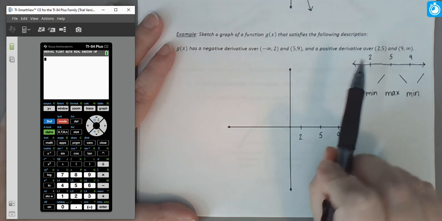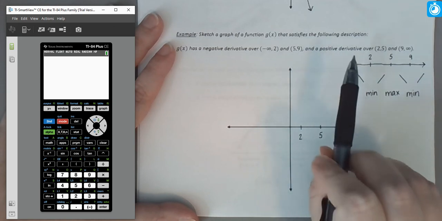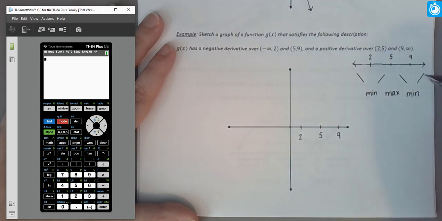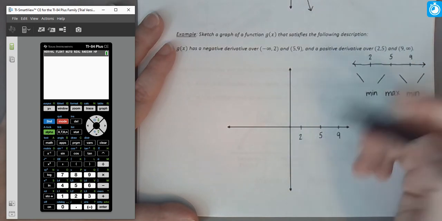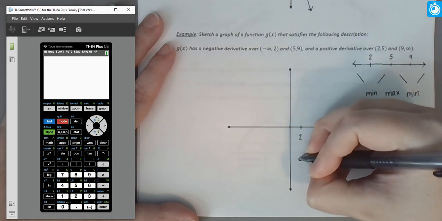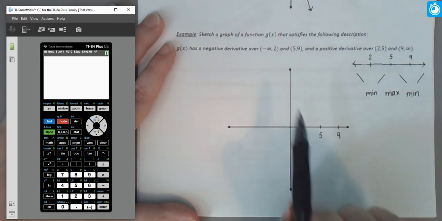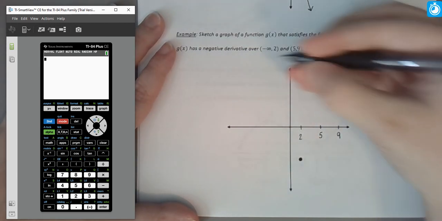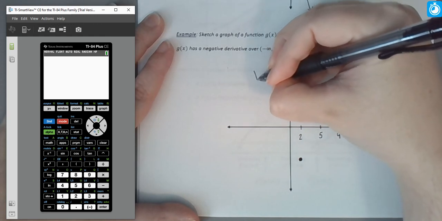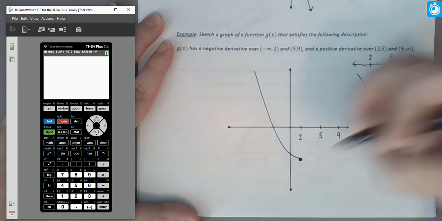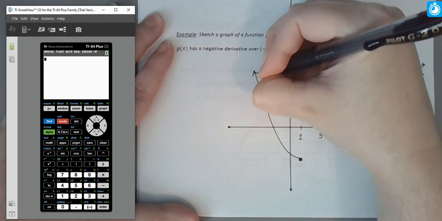Now as we go from negative infinity to 2, we're sloped downward. So let's pick a point. We want a minimum point, so let's put it down fairly low. Okay, so from negative infinity to 2, our graph is sloped downward. So maybe we have something like this, okay?